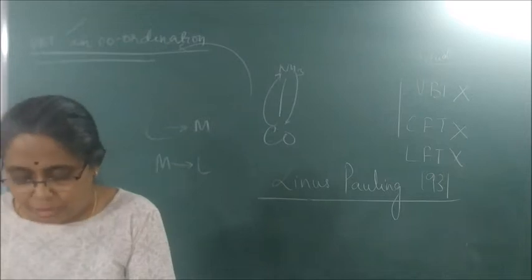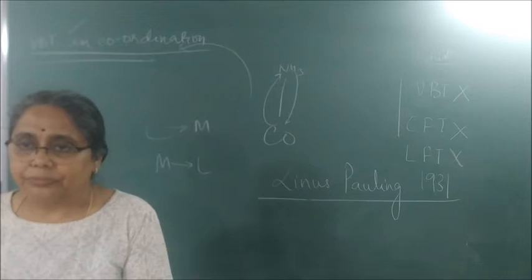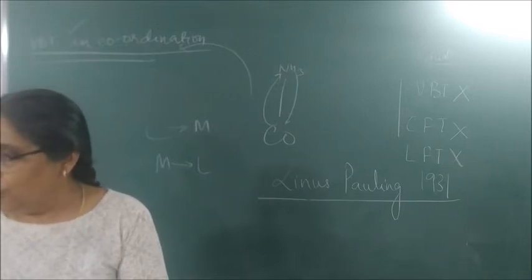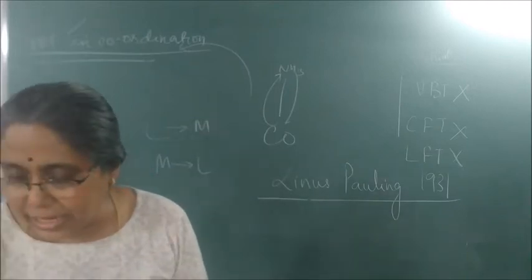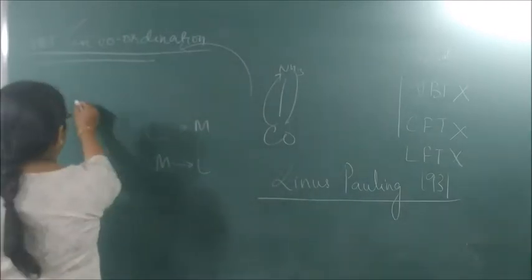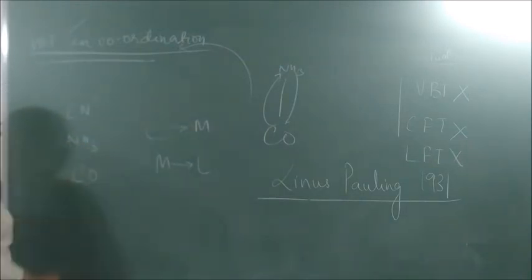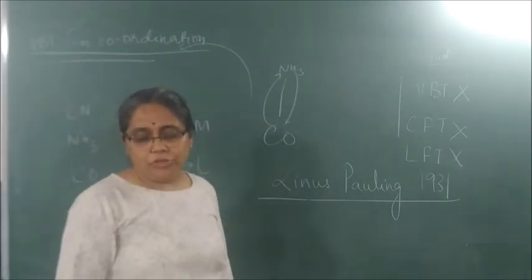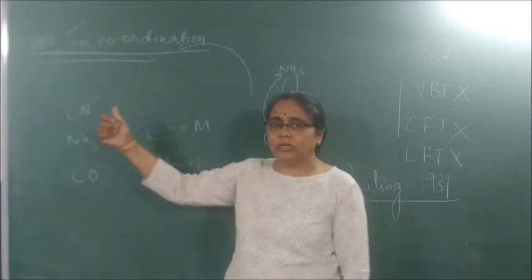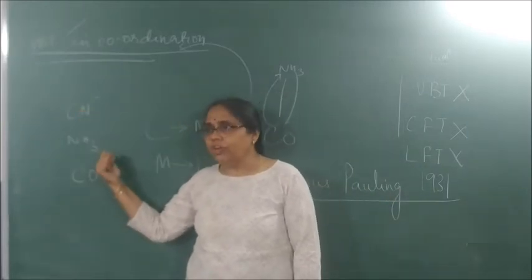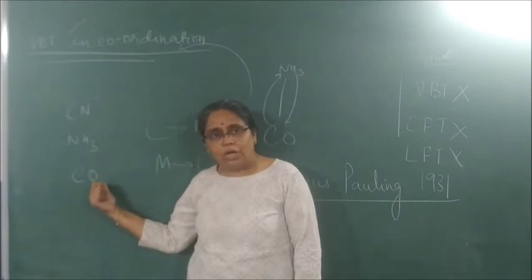Second point. Under the influence of strong ligands like CN minus, NH3, CO, what is CN minus? Cyanido. What is NH3? Ammine. What is CO? Carbonyl.